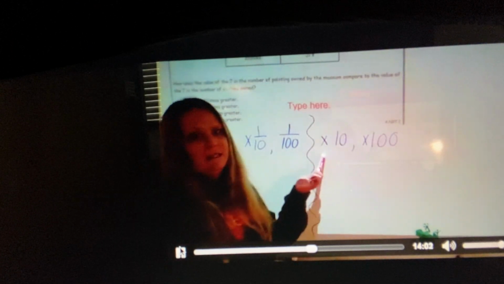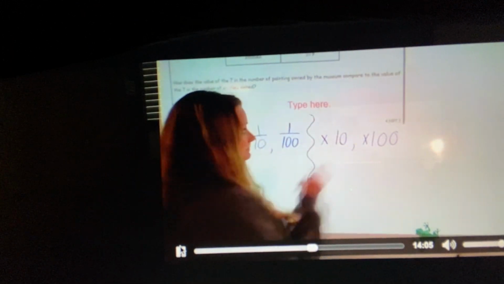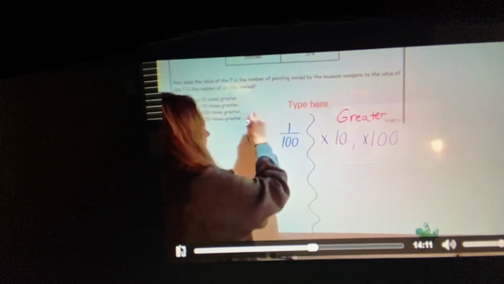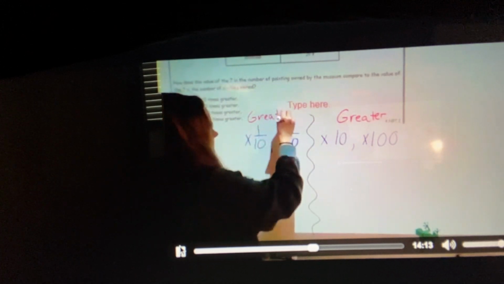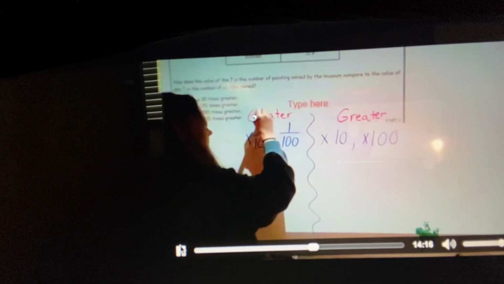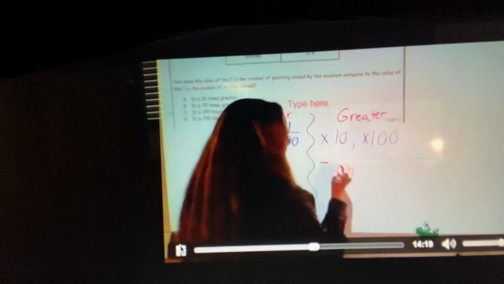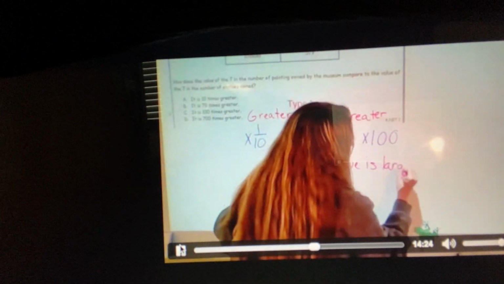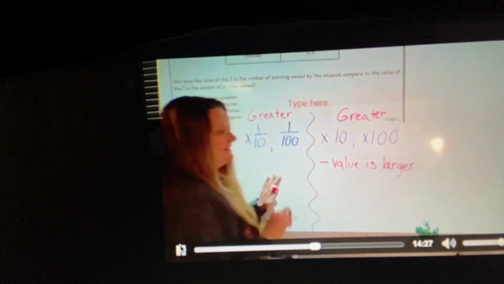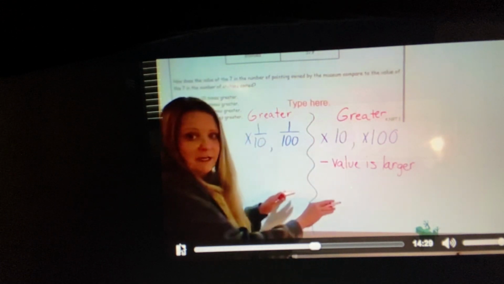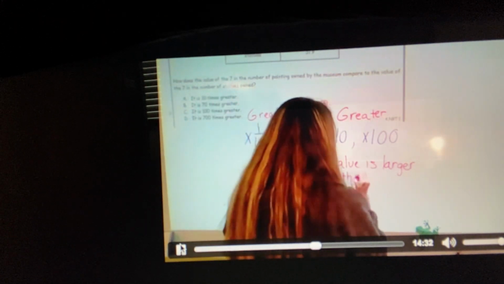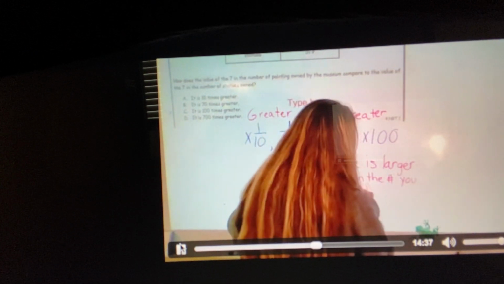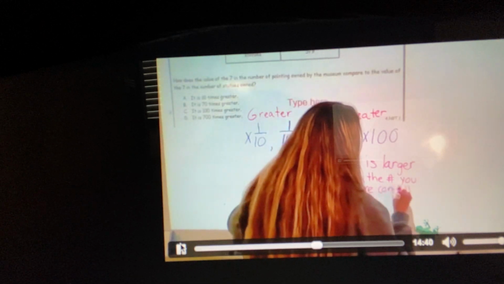If you're telling me that a number is times 10 greater, then your number, the value is larger. When you're describing the number that it first asks you about, you're saying that it is larger than the number you're comparing it to. The value is larger than the number you are comparing it to.